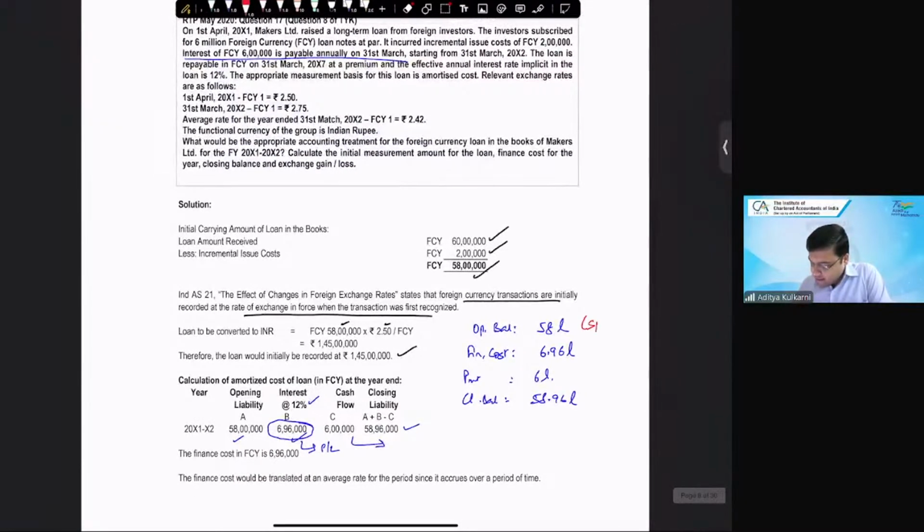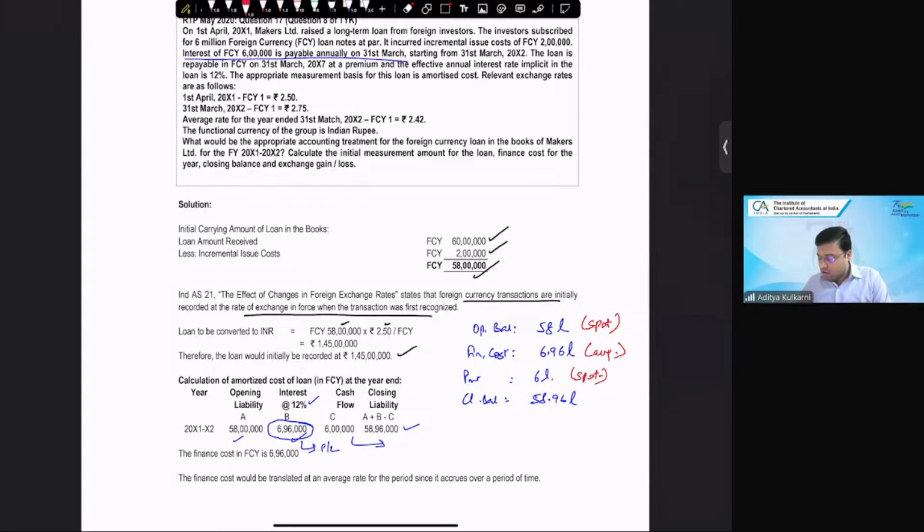Finance cost is a P&L item. So which rate are we going to use? Average rate, because that's a P&L item. It is over the entire tenure, so you typically take the average rate. Payment of 6 lakhs will again typically be the spot rate.